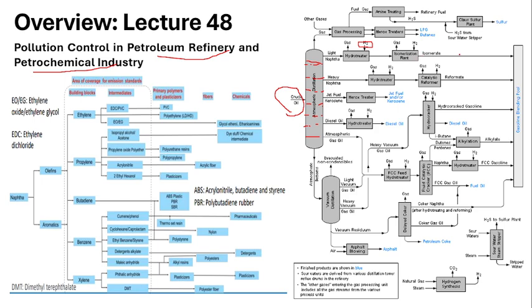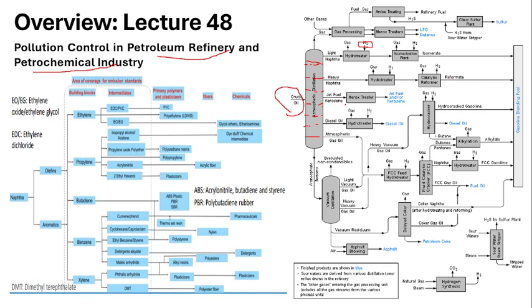The isomerate is the product obtained from it. Now coming to heavy naphtha, it is again hydrotreated. The sulfur is removed from it, and then it undergoes catalytic reforming. Reformation happens, the octane number increases, and this reformate is collected at the end.